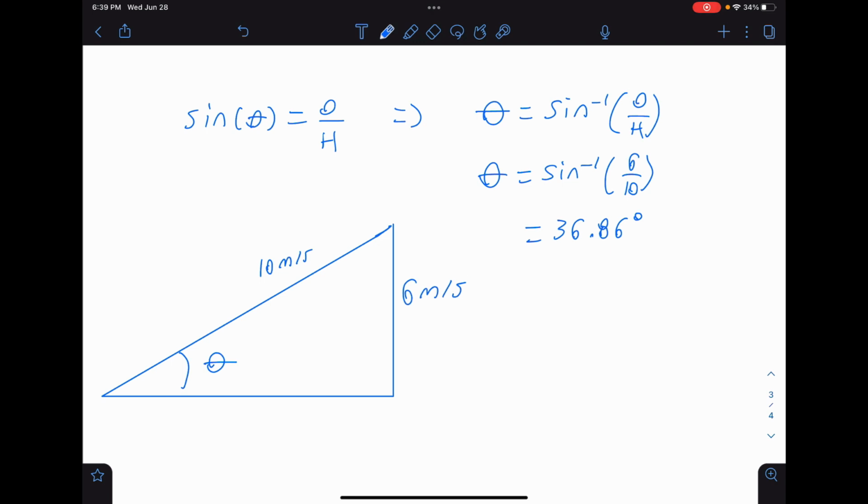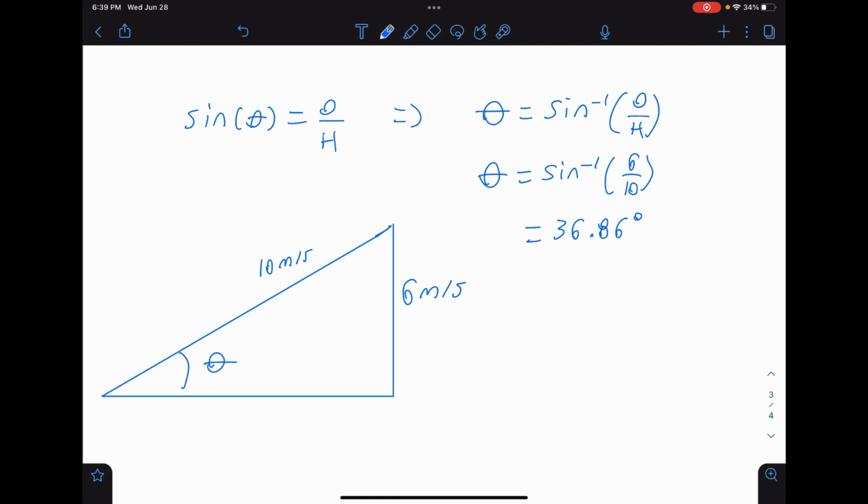So what if we wanted to find that same angle with cosine? Well, I can't just move the 6 meters per second down to the adjacent side. We would actually get this angle. So how are we going to do this?